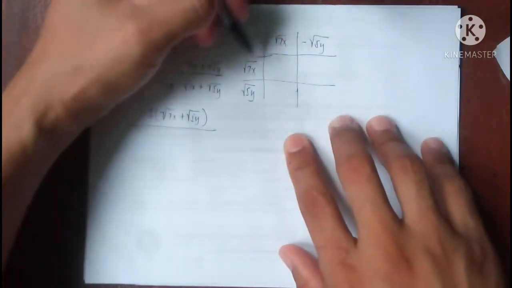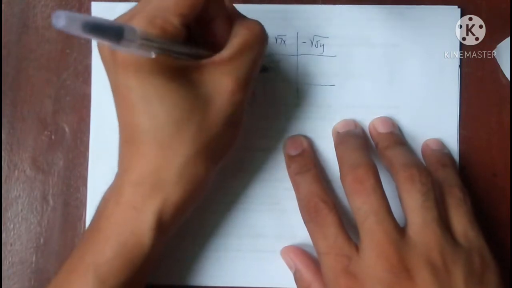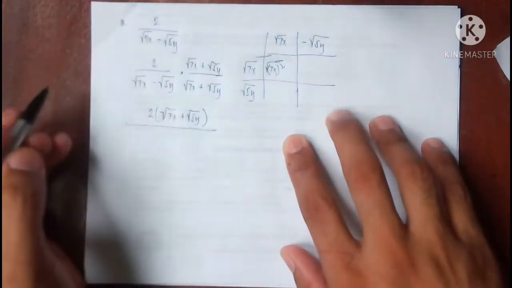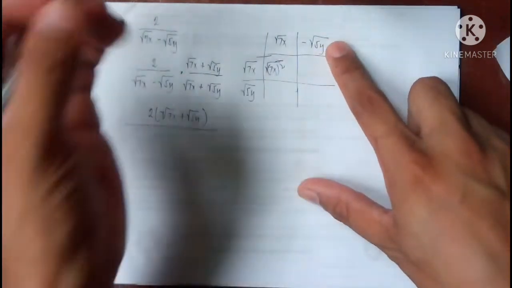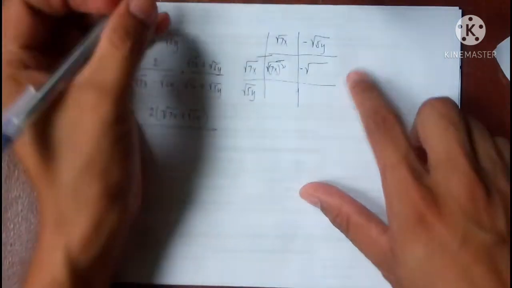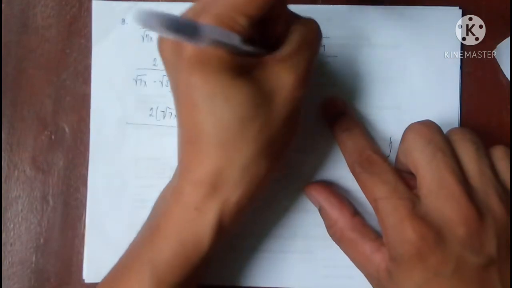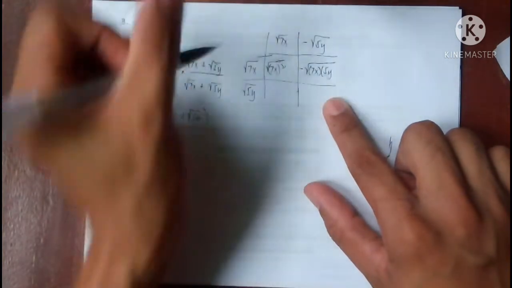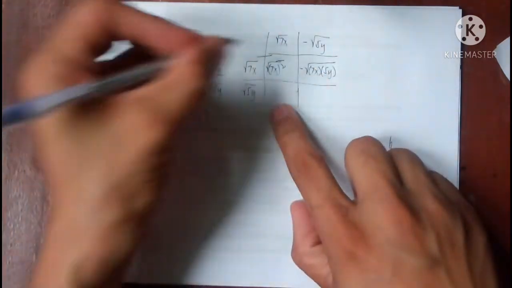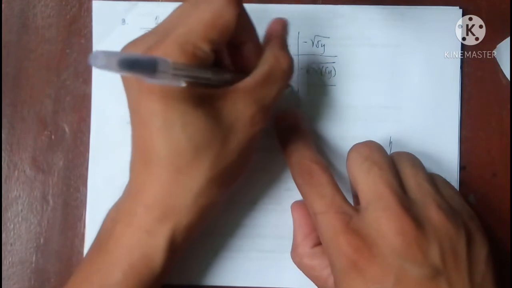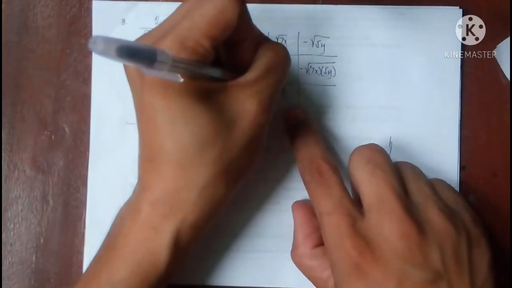Ayan. Okay, so pag minultiply natin ito, we will have square root of 7x squared. Pag minultiply naman natin ito, we will have negative square root of 7x times 5y. Ayan. Pag minultiply naman natin ito, we will have positive square root of 7x times 5y.